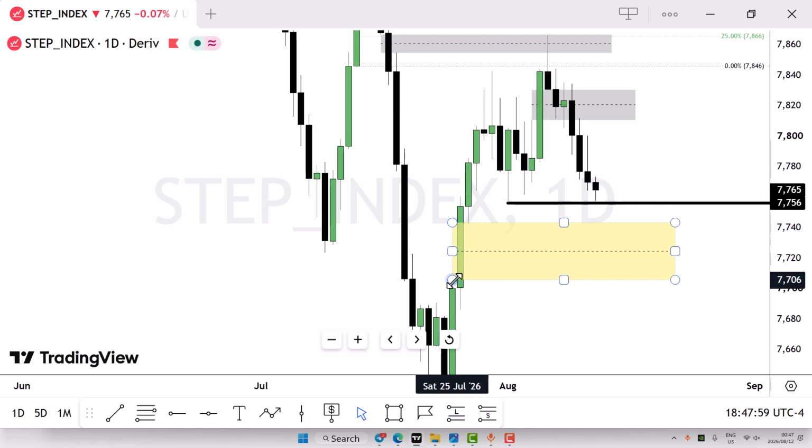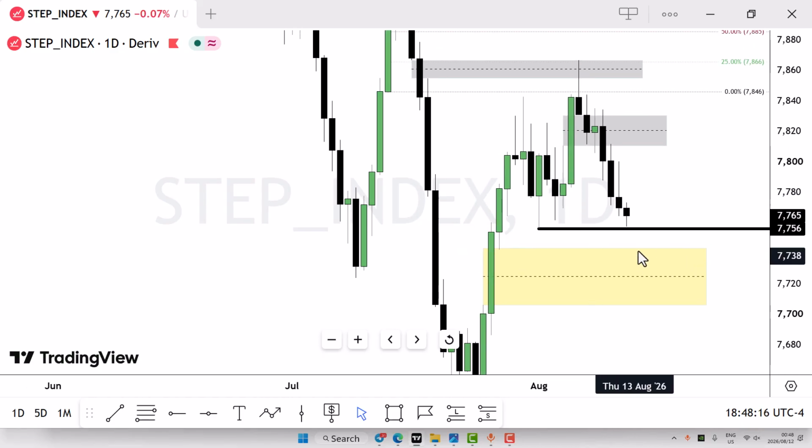Since it is inefficient with the sell side delivery, as you can see, it's a big bullish candlestick. I would expect price action to come back and rebalance that green candlestick and make it mixed with black. Okay, that's what I am interested in.